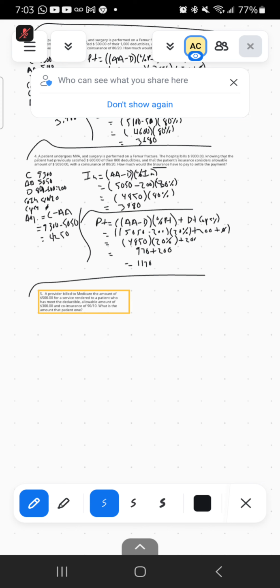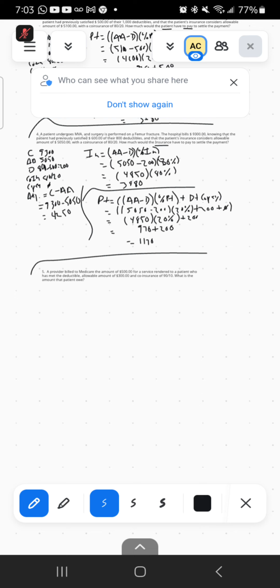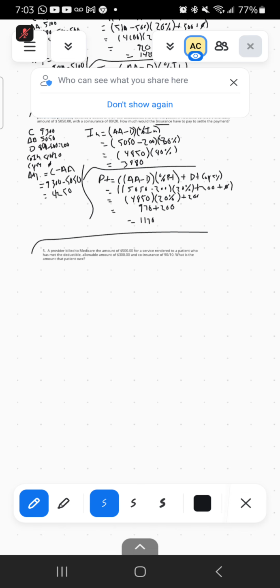So this is number 5. Okay, we determine this is a question that has to do with calculation. We do our little thing and we write down charges, deductible, co-insurance, co-payment, and then adjustments.